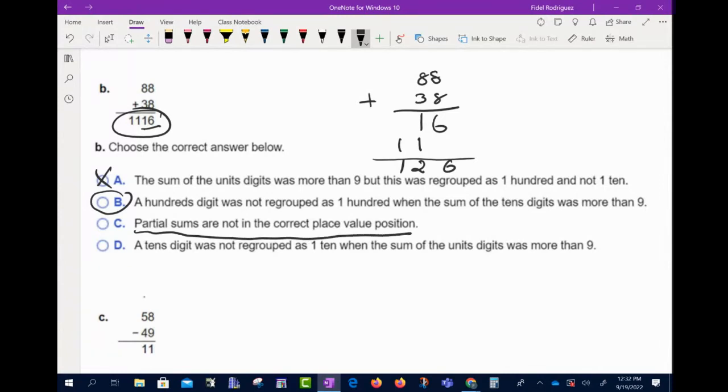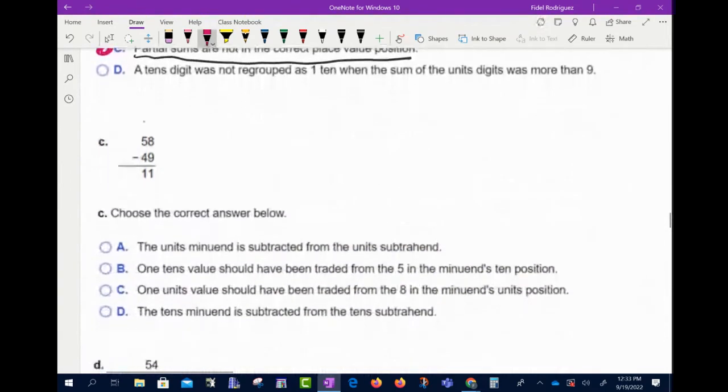Because my partial sums, shouldn't this 11 right here that they wrote, shouldn't that 11 have gone where that 11 was? So I would probably go with choice C, you guys, in saying that my partial sums is not in the correct place value position, okay?